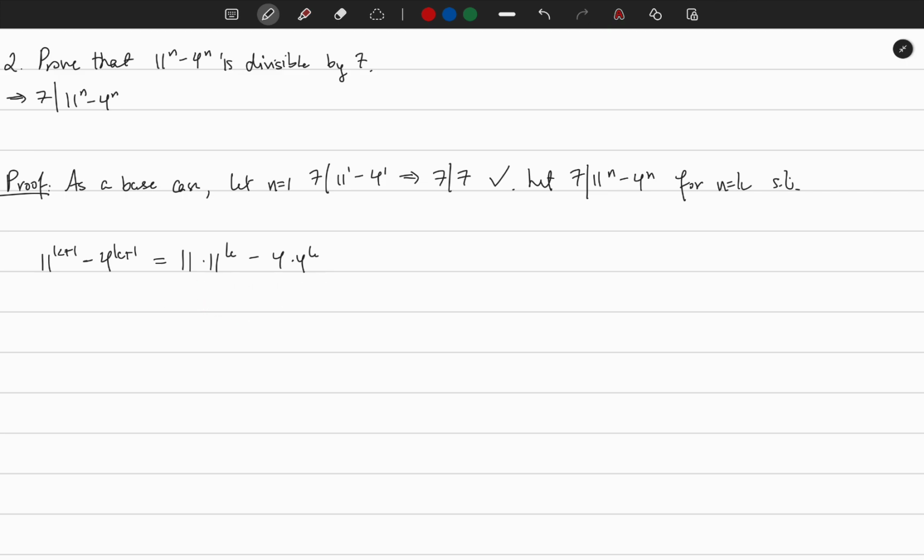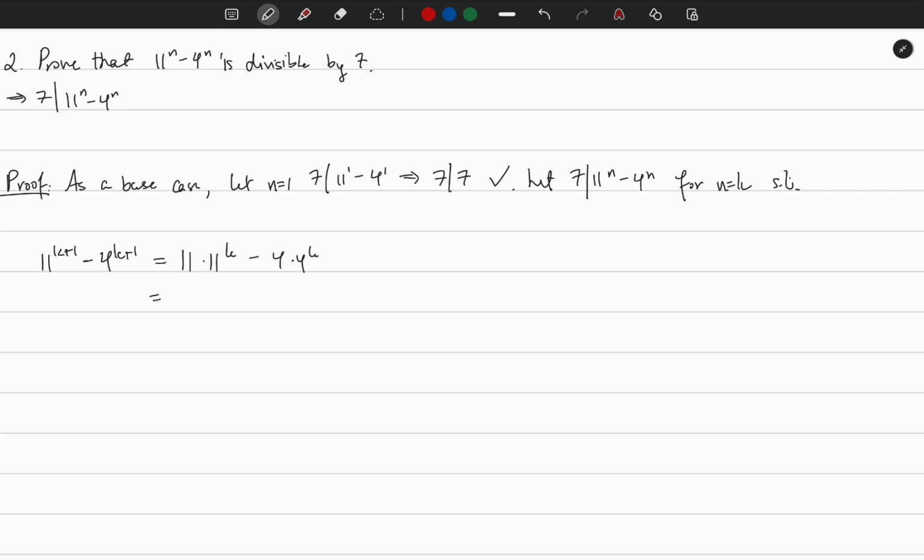So what we really want to do is introduce a magic 0. So what magic zero can we choose? If we want to just hone in on this 11 to the k, it's being attached to this 11.